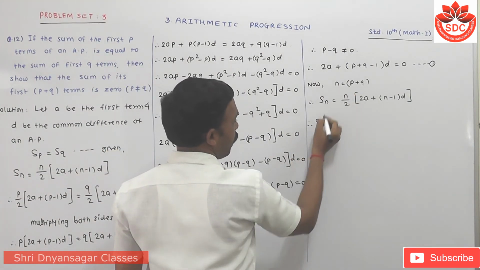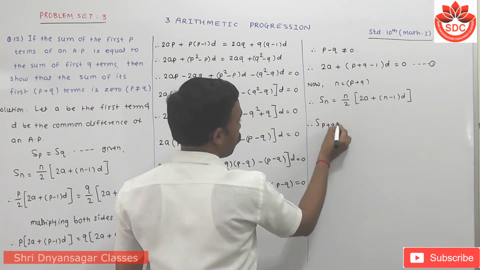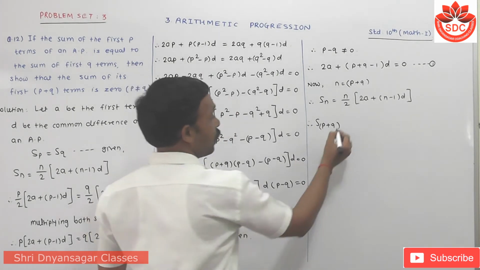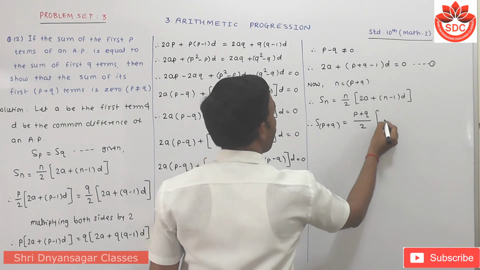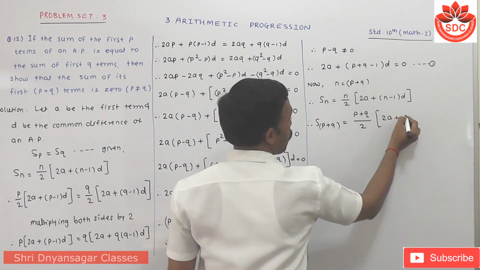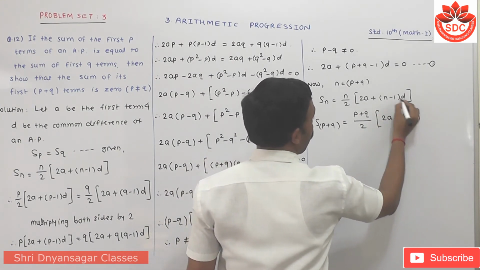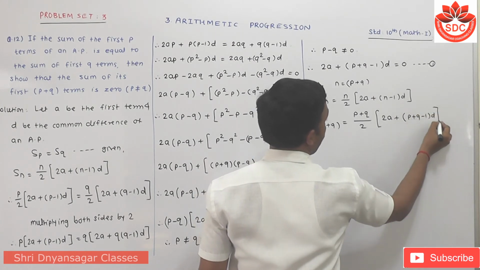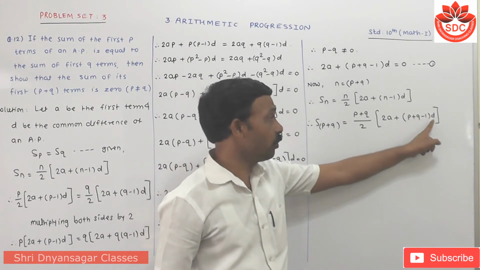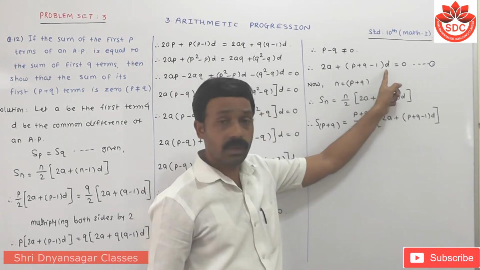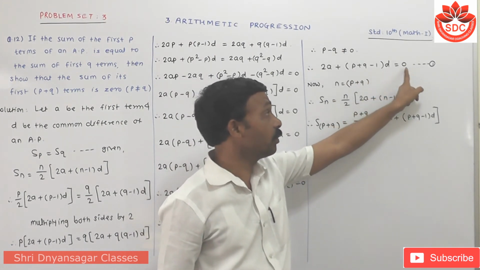Therefore n is p plus q. Sum of the p plus q terms is equal to p plus q upon 2 in bracket twice a plus p plus q minus 1 into d.